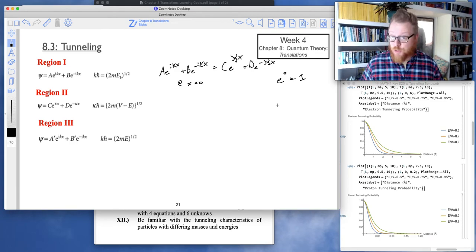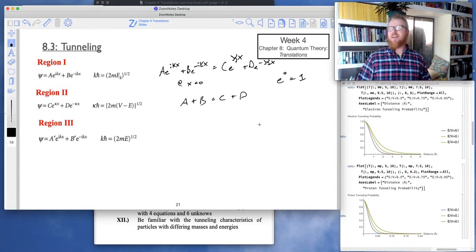So this is going to help us create one boundary condition. In other words, the wave function in region 1 has to equal the wave function in region 2. And when I plug in x equals 0, all the e's become 1s. And so I get a very simple condition which says A plus B has to equal C plus D. There's my first equation that's going to be useful.